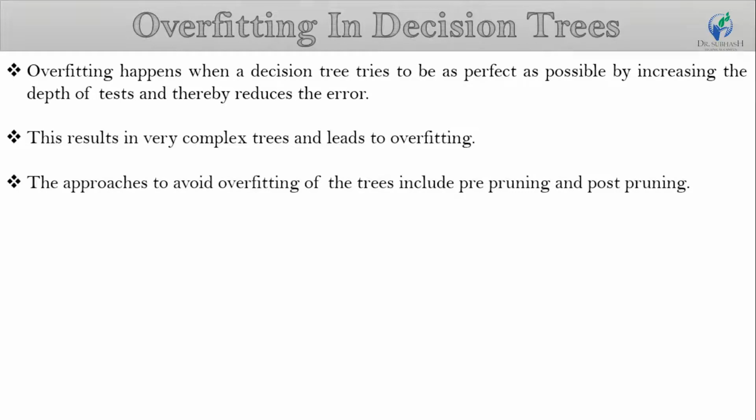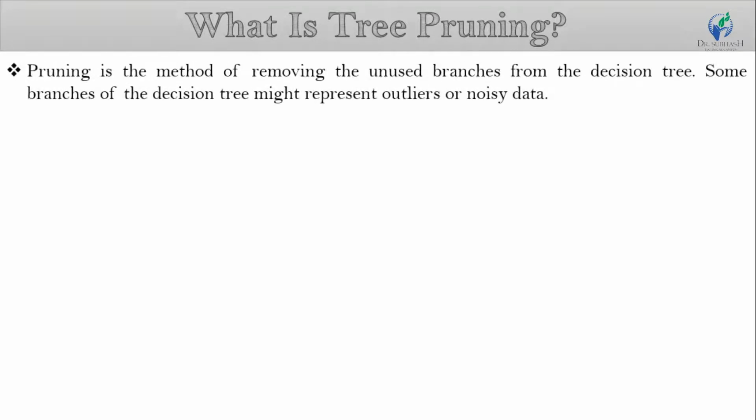For that, I will first explain what tree pruning is. Pruning is the method of removing the unused branches from the decision tree. Some branches of the decision tree might represent outlier or noisy data.